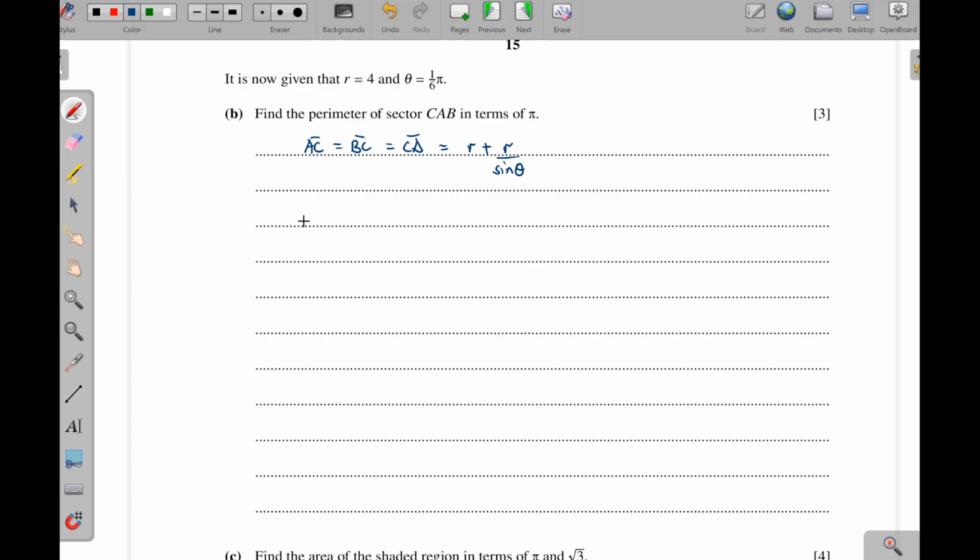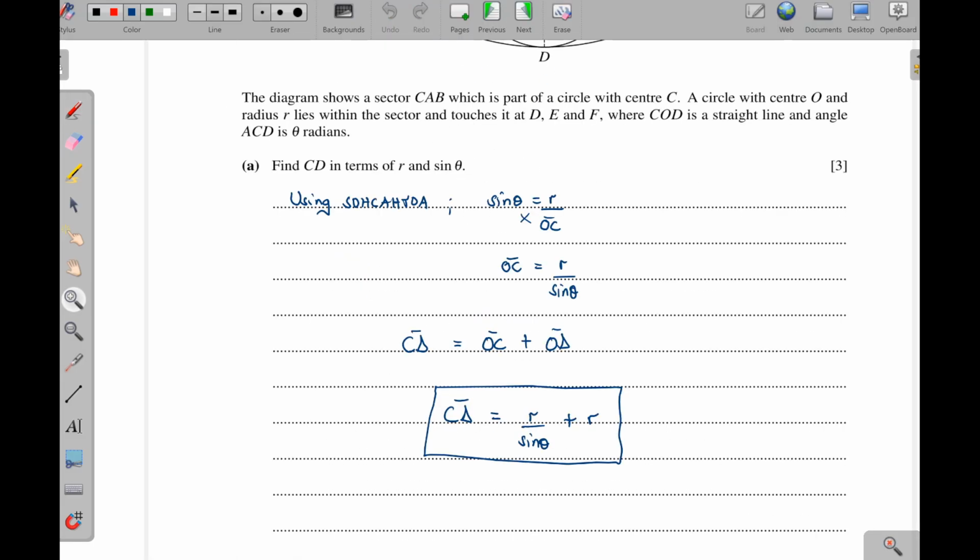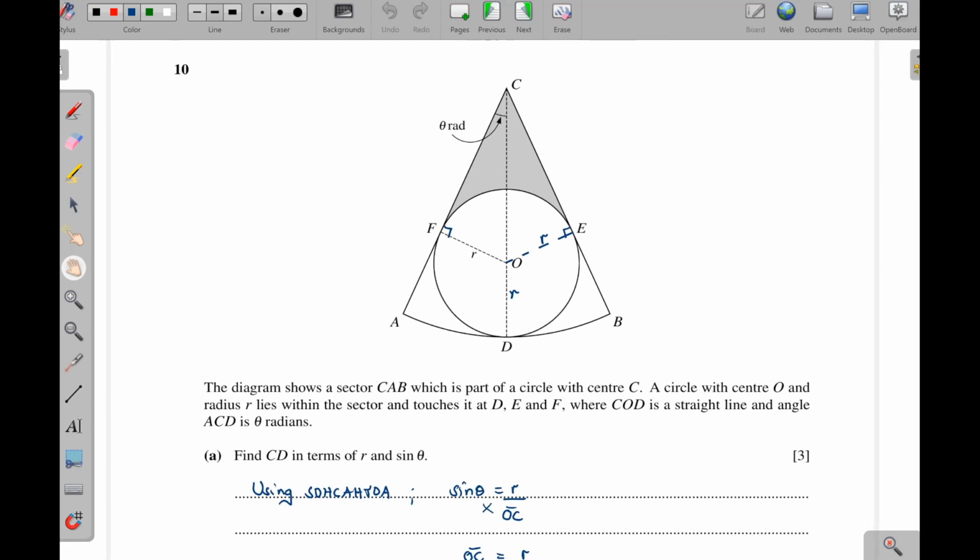Then perimeter of sector CAB will be equal to, we have our AB. Let me go back and check. When we check, we have this one here, AC, then BC, and then the arc length, okay?